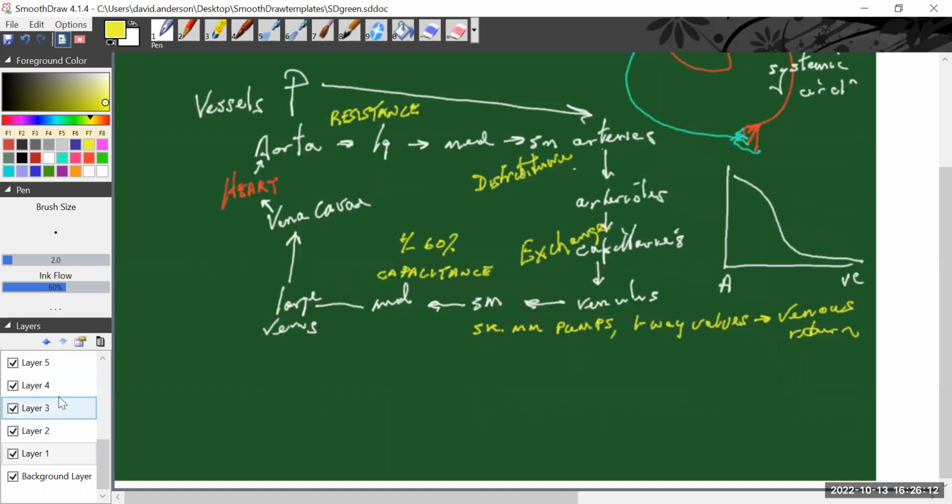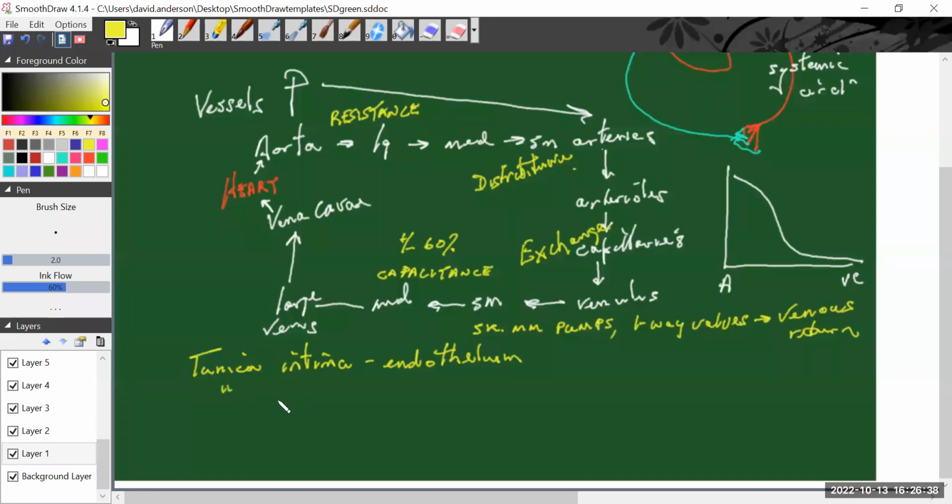The other thing to be aware of is that the blood vessels, whether we're talking about veins or arteries, are arranged in what are called layers or tunicas. The innermost layer is the tunica intima, which is composed mostly of a simple squamous epithelium called an endothelium.